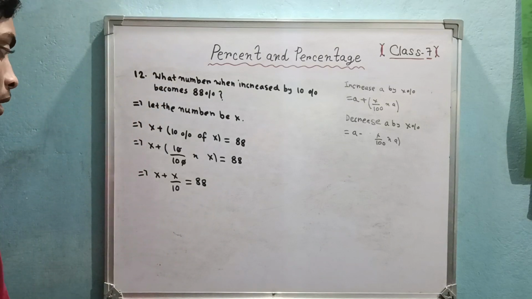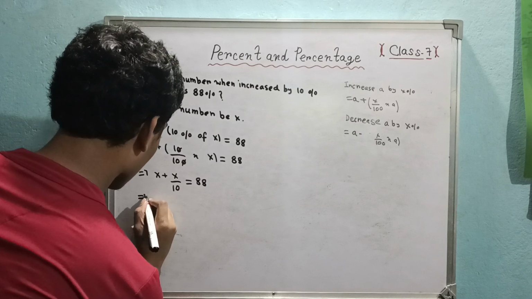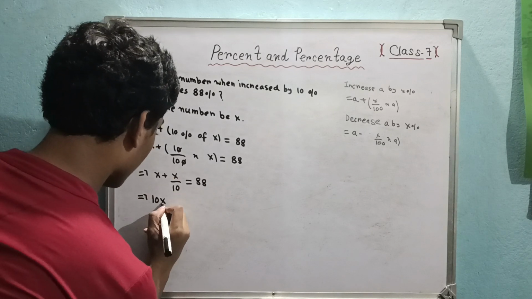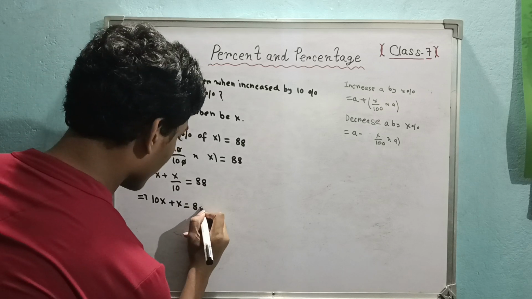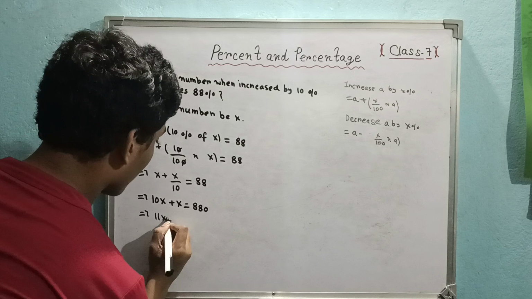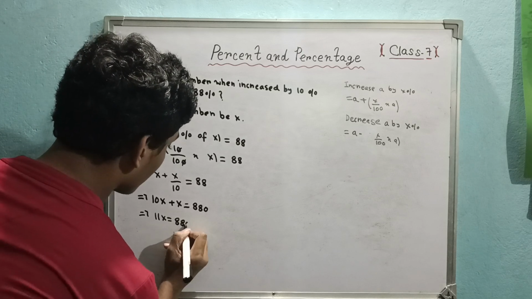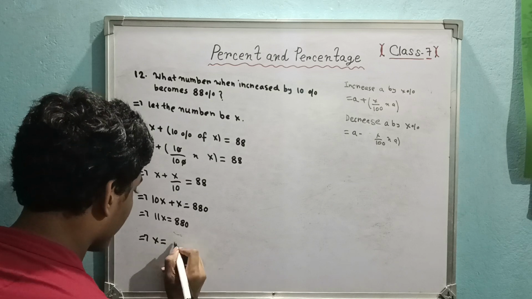Let's multiply the whole equation by 10. If I do that, I can write this as 10x, this will remain as x, equal to 88 into 10, it is 880, or 11x equal to 880, or x will be equal to 880 by 11.